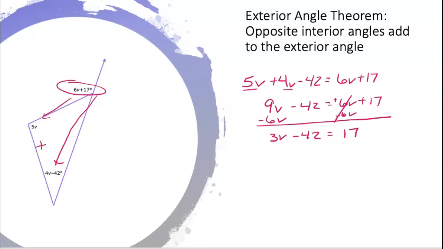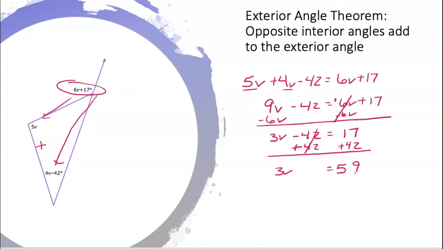Solving for v, undo addition and subtraction first. I undo subtraction with addition, so I'm going to go ahead and add that. So now I have 3v, my 42s have canceled, equals 17 plus 42. 7 and 2, that gives me a 9. And I have 1 and 4, which would be 5. So now I have 3v equals 59.